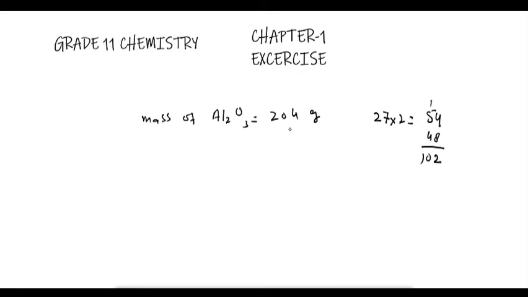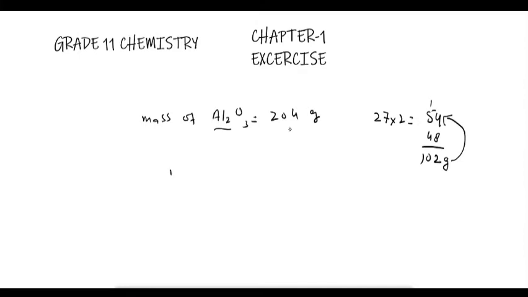So 102 grams of aluminum oxide is equal to 1 mole of aluminum oxide. And you know that 1 mole of aluminum oxide contains 2 moles of aluminum, and that is equal to 54 grams. And that you can see here as well. So out of 102 grams of aluminum oxide, we have 54 grams of aluminum.